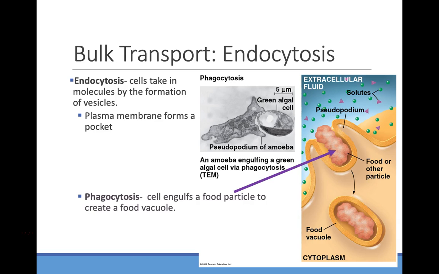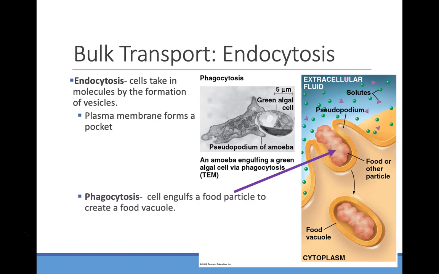The opposite process can take place when cells need to engulf larger objects. Sometimes a cell will reach out and grab a food particle, something that it wants to consume.